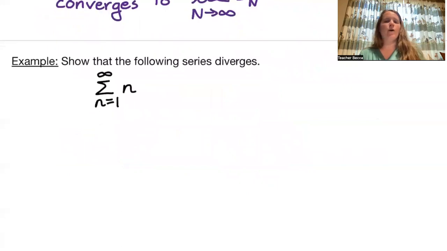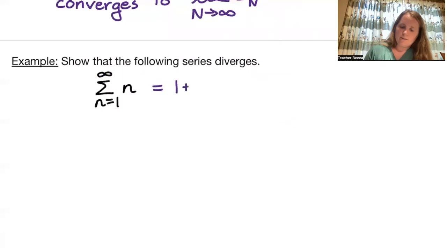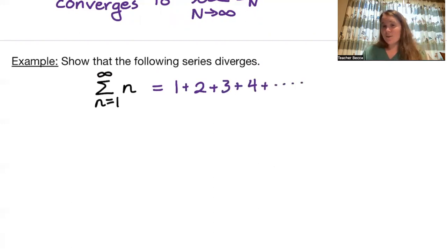First up, show that the following series diverges. So we are looking at the sum from n equals 1 to infinity of n. If we just write this out, this is essentially 1 plus 2 plus 3 plus 4 plus going on forever. And we can see that we're adding larger and larger numbers.